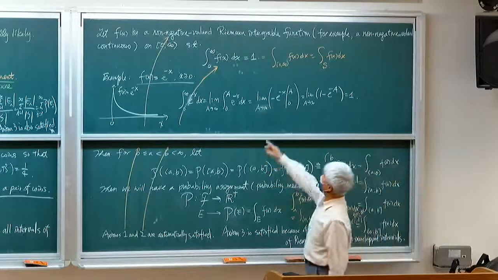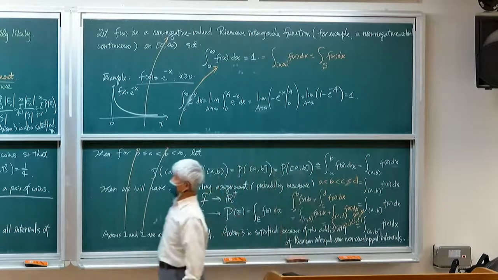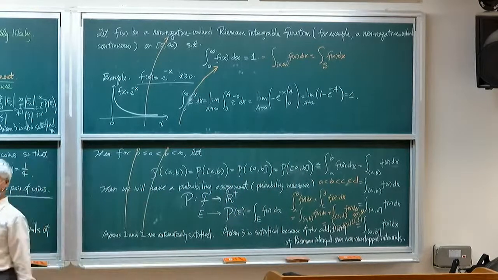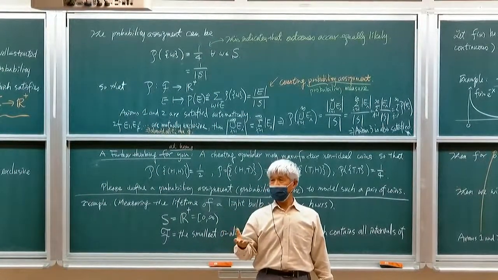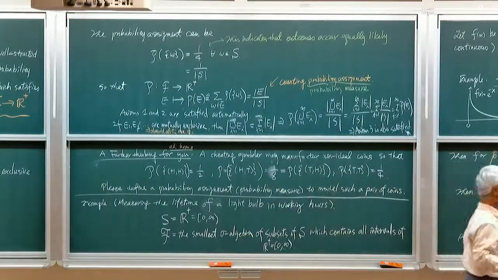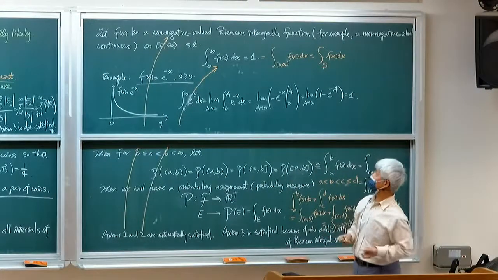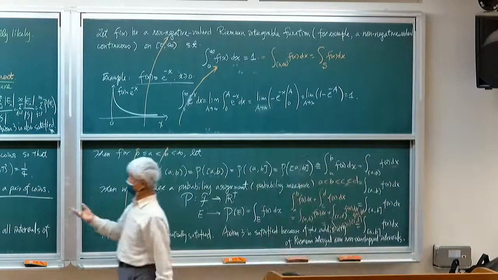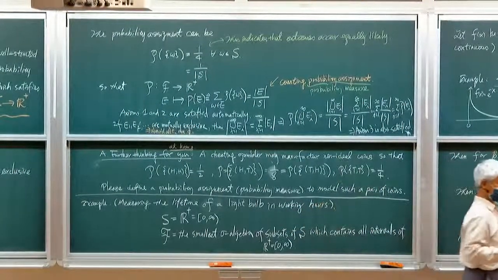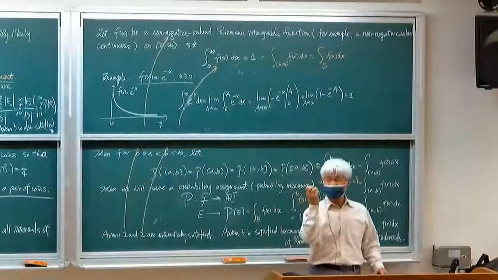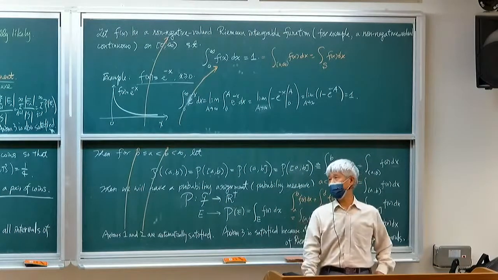So you can see that to give a proper probability measure on a physical random experiment which has continuous nature, like the lifetime of a light bulb, is actually a little bit more difficult than for a discrete random experiment.